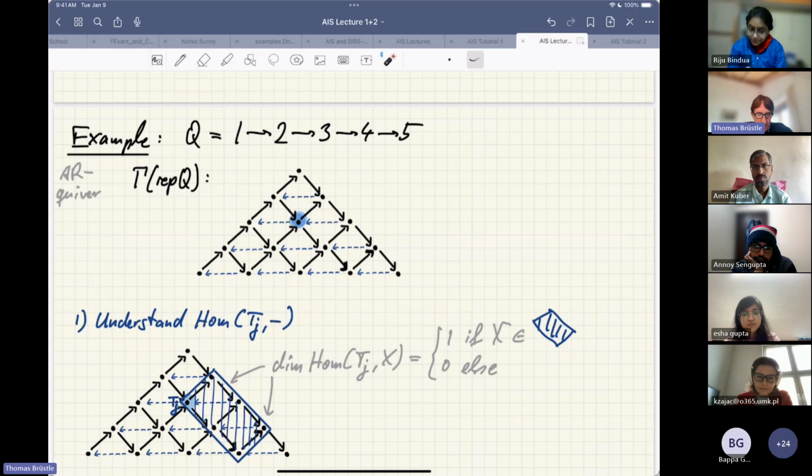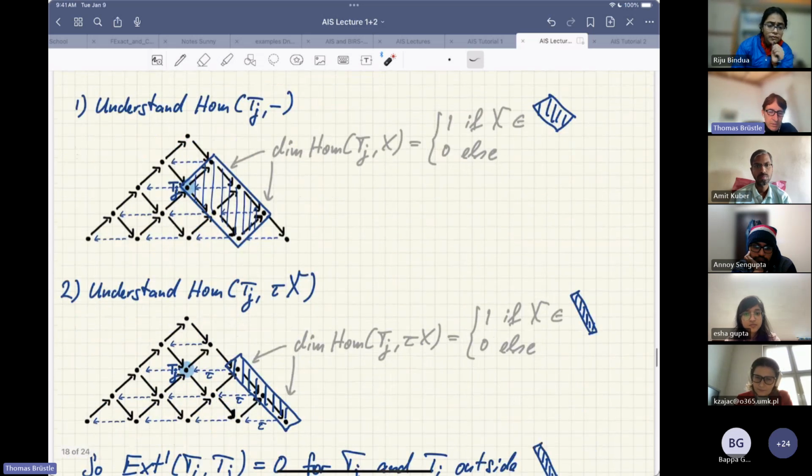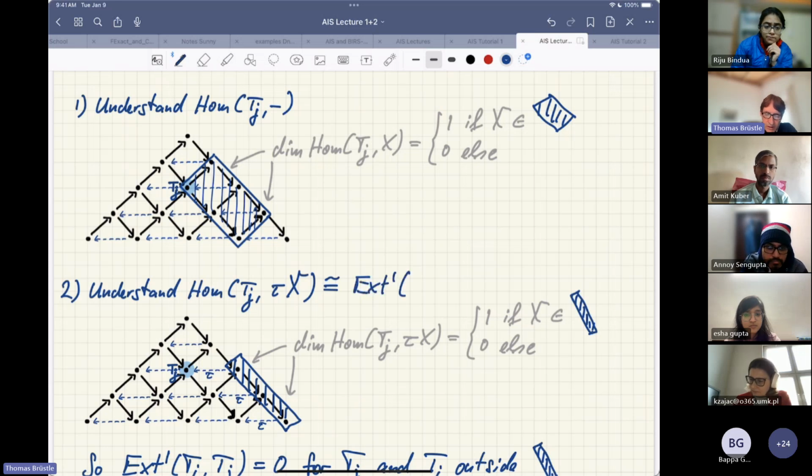For the rigidity, I'm interested in Hom(Tj, tau X), because as we said, this is going to be isomorphic to Ext^1(X, Tj) up to duality. And this is the thing that we want to control. We want the Ext^1 to be 0. So we want this Hom from Tj into tau X to be 0.